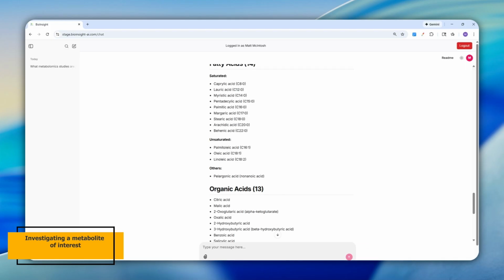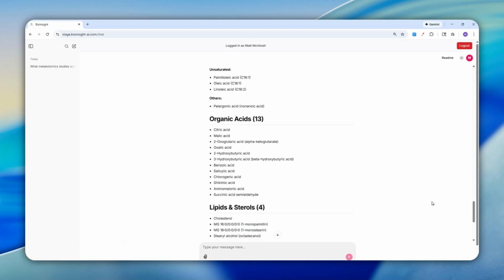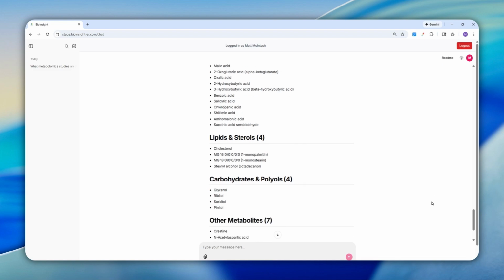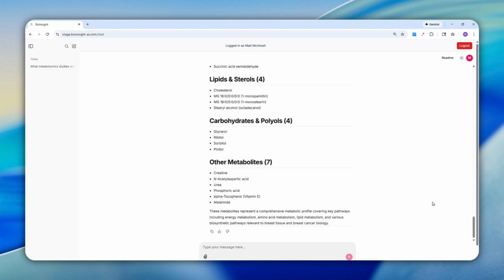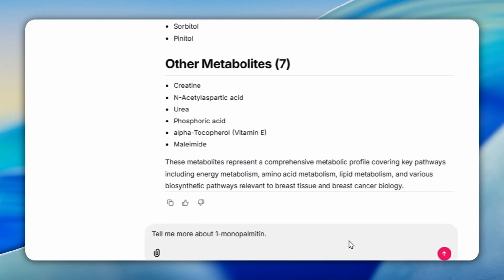As I browse the metabolites, 1-monopalmitin stands out because of its involvement in lipid metabolism, which is often dysregulated in cancer. I continue with, tell me more about 1-monopalmitin.